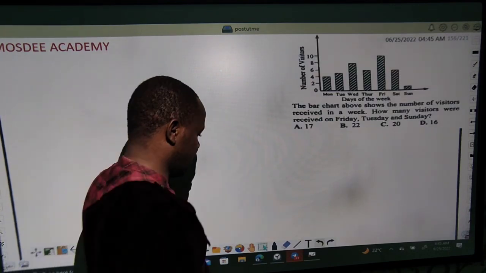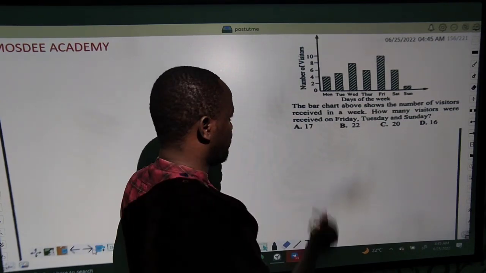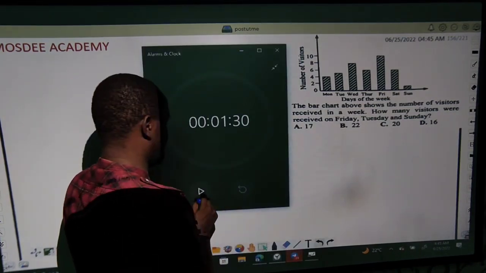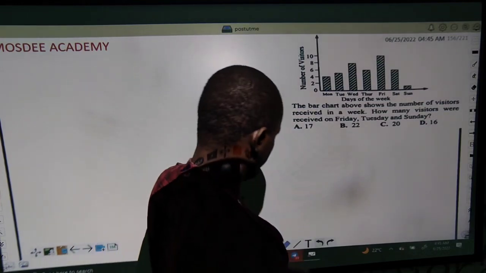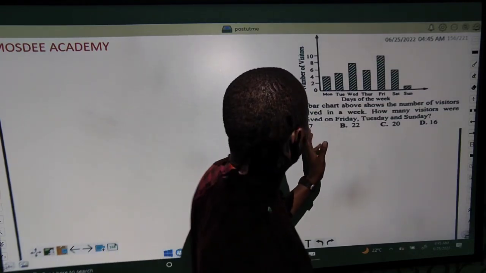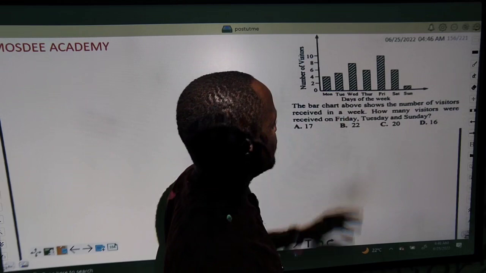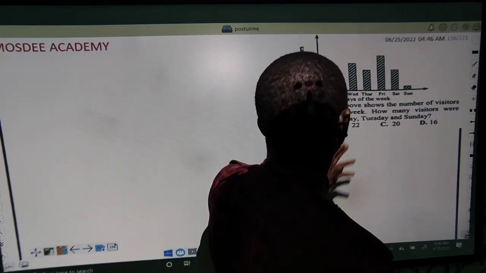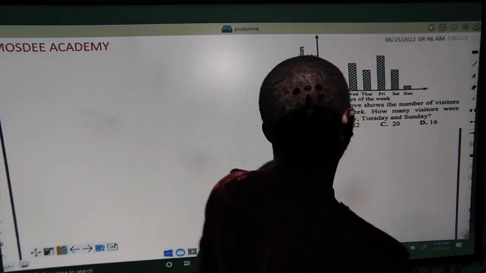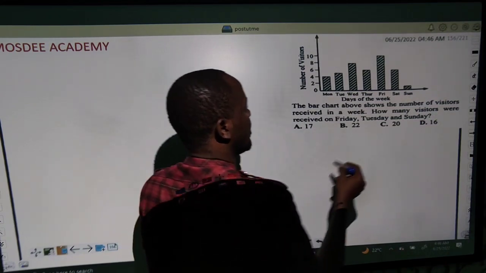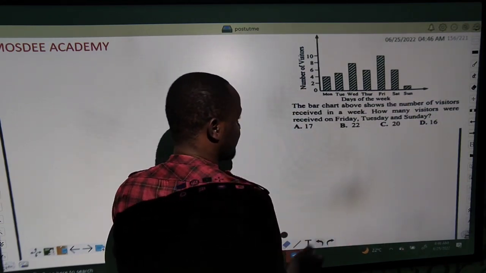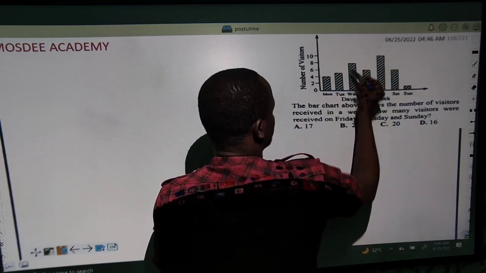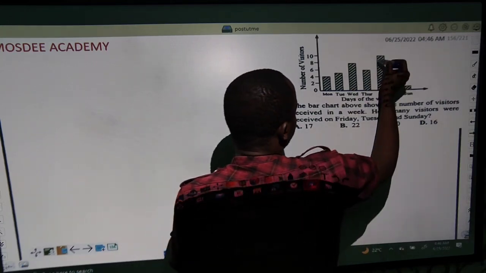Thank you very much. Now, this is also a question on point and position. The question says the bar chart above shows the numbers of visitors received in a week. How many visitors will be received on Friday, Tuesday, and Sunday? All about positioning and targeting. This is Friday, if you are with me.